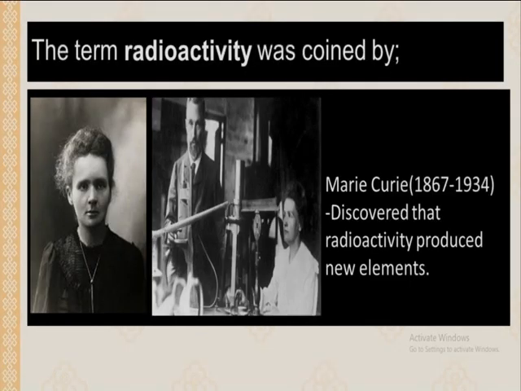Later, with the help of the discovery made by Henri Becquerel, another scientist called Marie Curie, along with her husband, studied the substances which emit radioactive rays. In that course, she discovered two new radioactive substances. From that discovery, she concluded that the initial element will be converted to a daughter element.